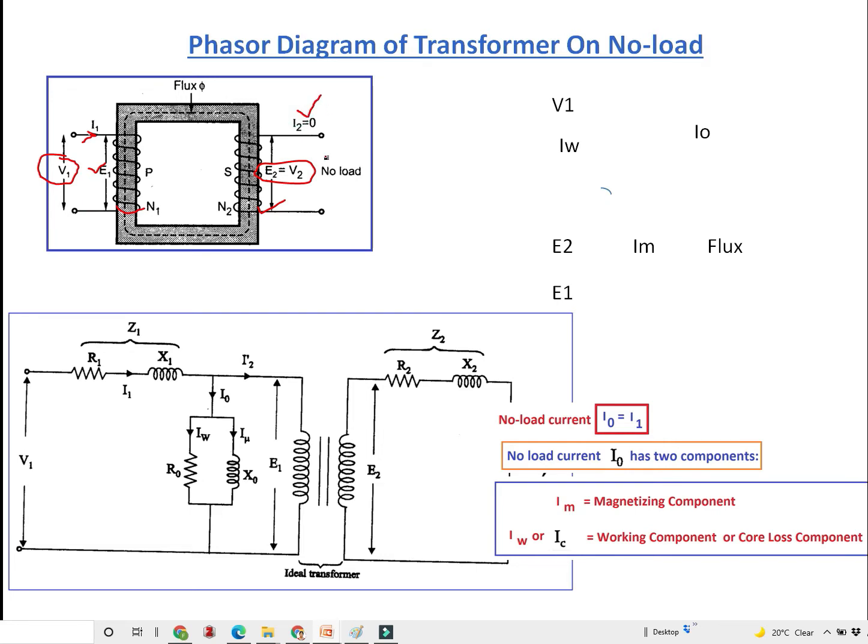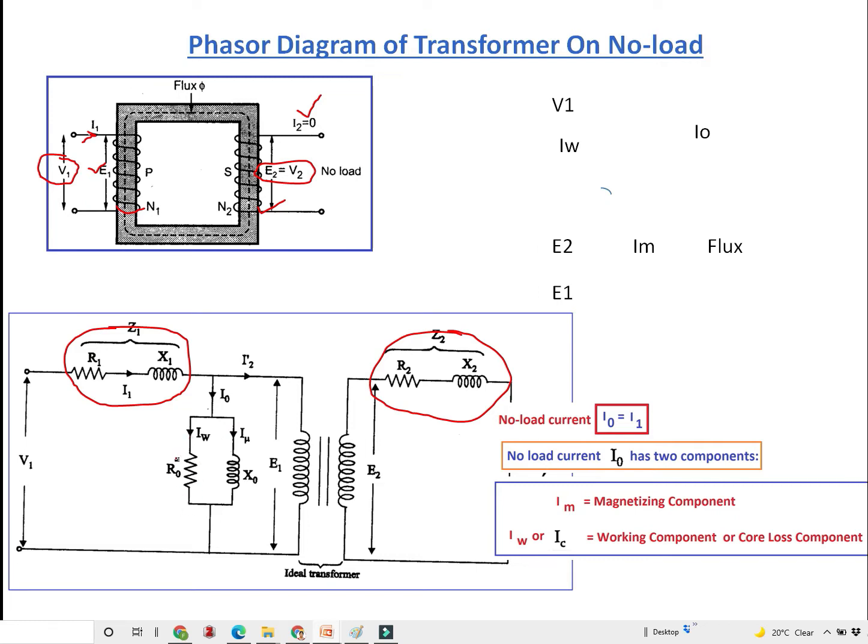So these are the basic parameters we must understand, and the equivalent circuit is necessary to understand the parameters involved in the no load condition, correct. This is the primary winding impedance, which includes the resistance and reactance of the primary winding, and the resistance and reactance of the secondary winding here. To represent the core loss and magnetizing current, we are using a shunt component.